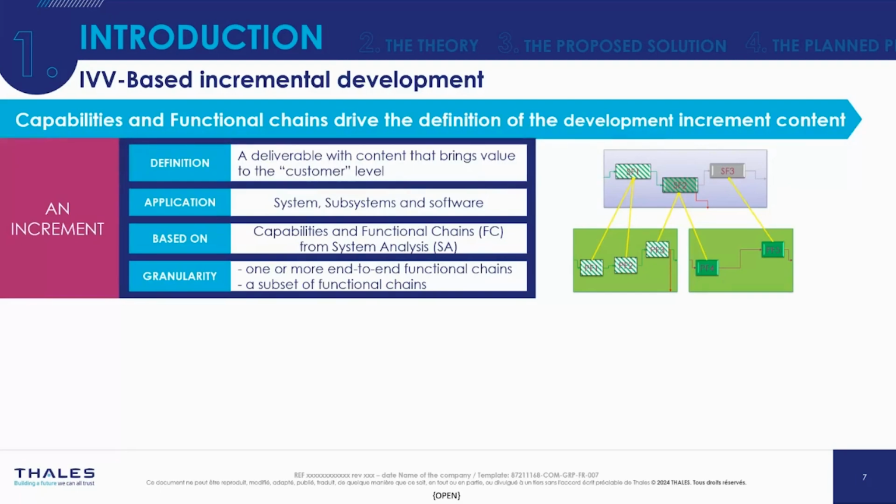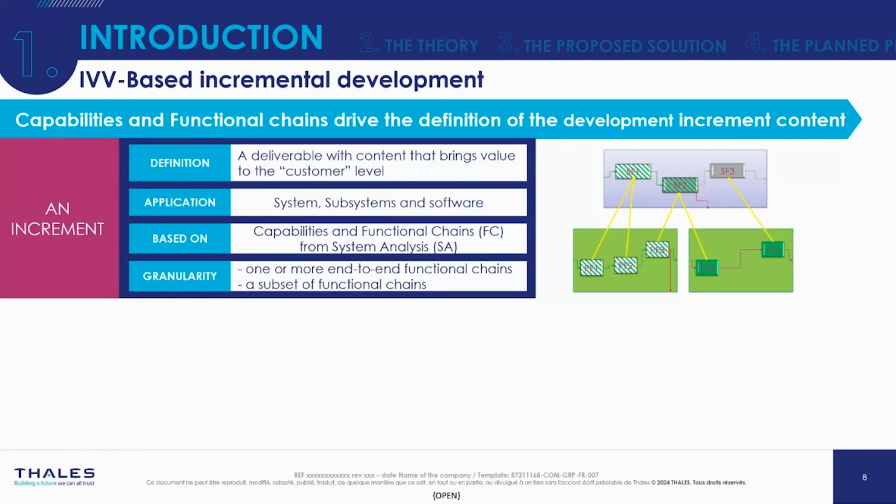So we define it at a need level in the Arcadia perspective, and it is refined at the logical and physical architecture. We will see that later, and we will see that we have two strategies to build increments based on system analysis.